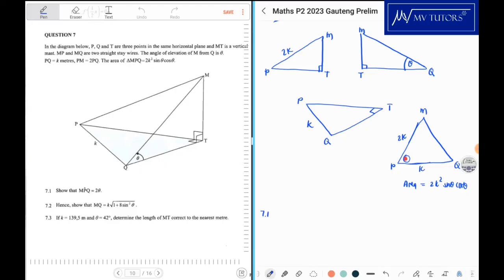Or should I? No, actually, I'm not going to use the cos rule because I don't have the angle, nor do I have the side. What I've been given is the area. So how about we use the area rule instead?